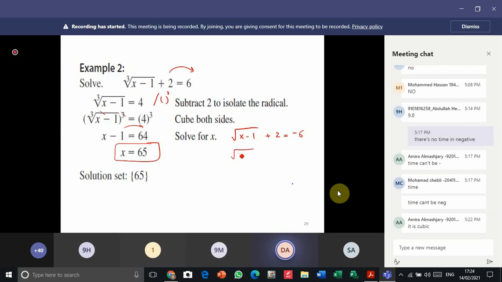Look at this. x minus 1, put it negative 8, because minus 6 minus 2 is negative 8. Take the square for both sides, so we have x minus 1 equal to what? 64. Now put x equals 8 squared, 64, equals 65. Okay, this is correct.